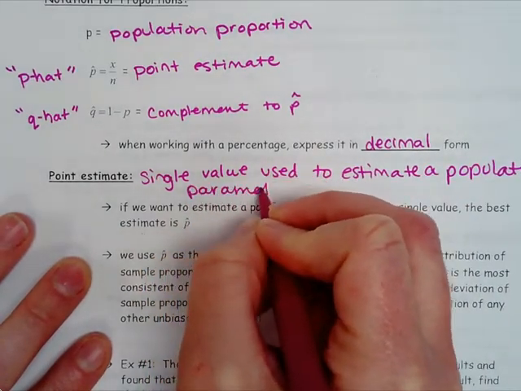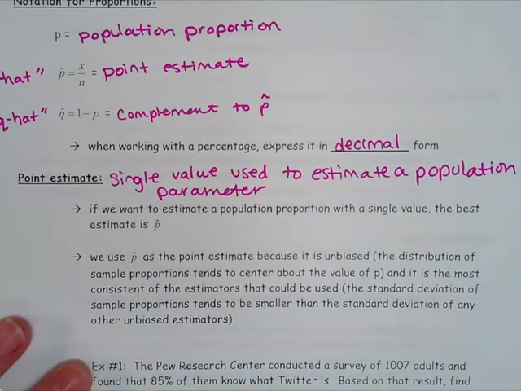So parameter is mean, proportion. So for this section, we're looking at population proportion. How much of the proportion of the population is in this section that we're looking at.